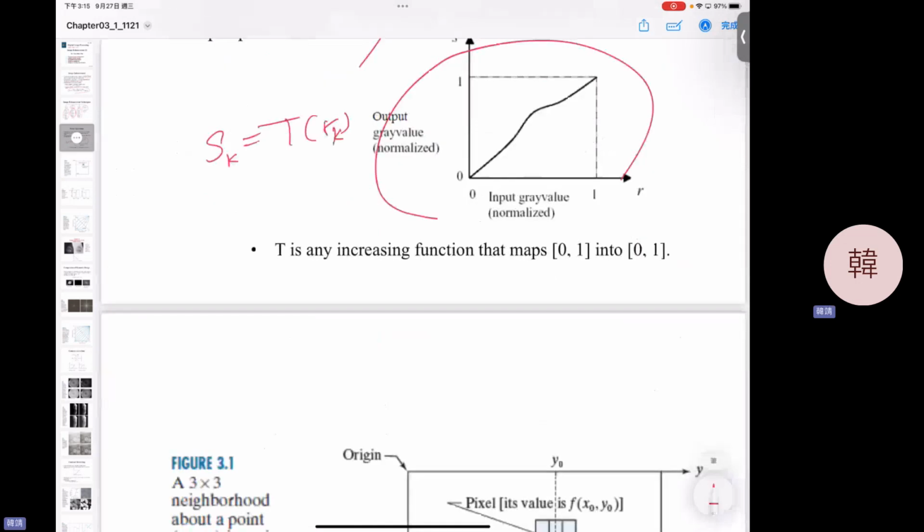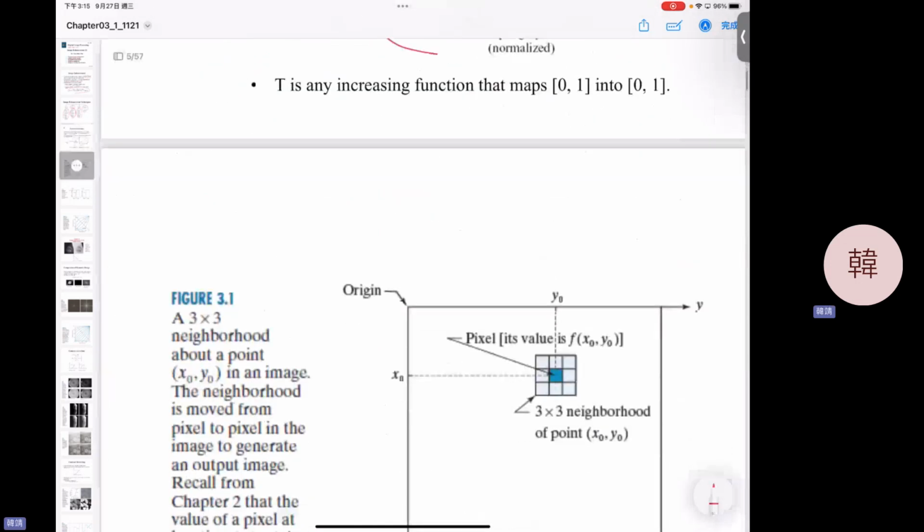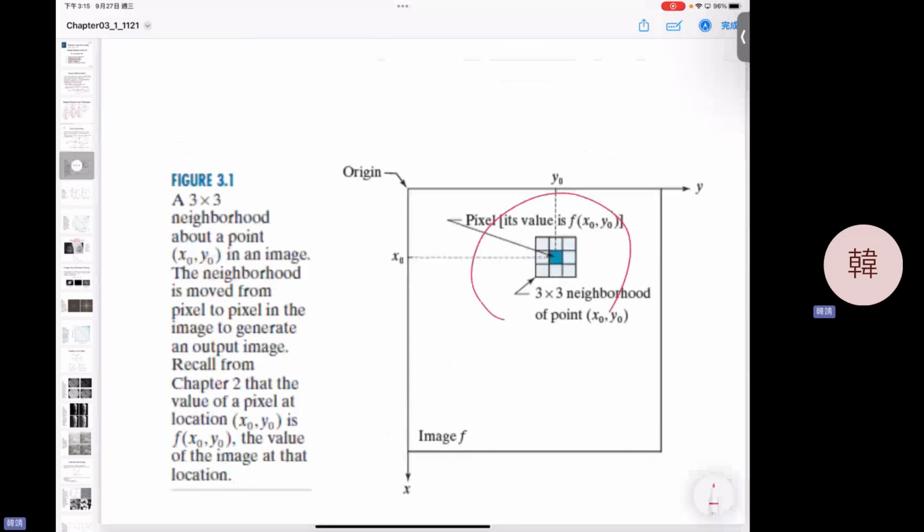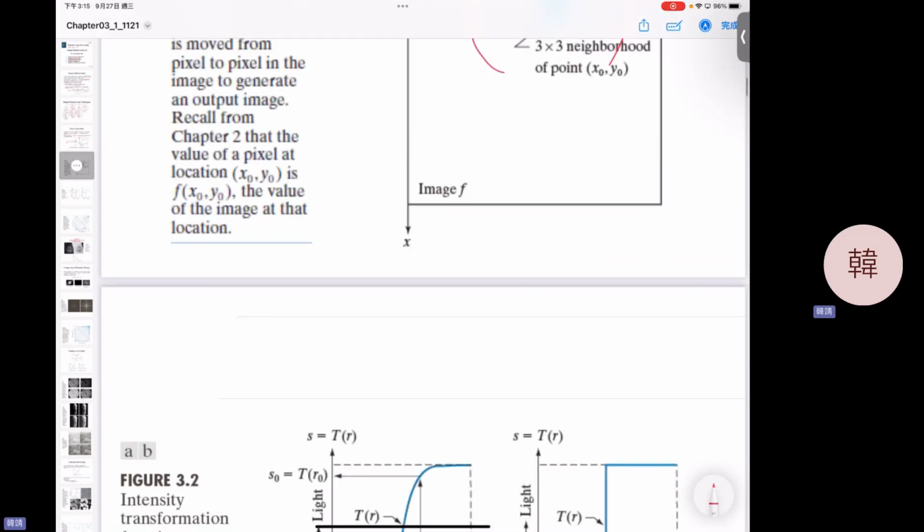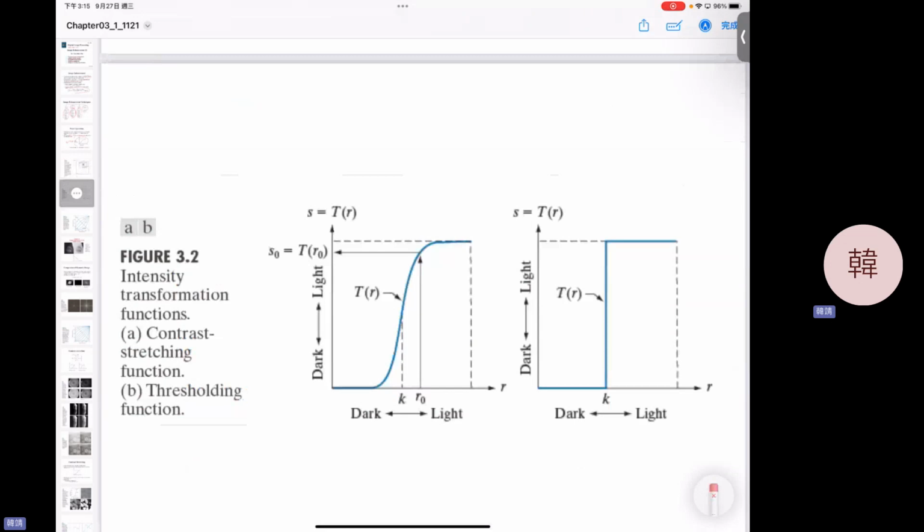And for the neighboring, as I mentioned, you just look at your neighboring pixels. Define the shape of your neighboring pixels you are going to look at. Maybe square, maybe rectangle, maybe circle. It's all fine. So now let's look at the point first. Please look at this transformation function for one point, one pixel, one point transformation.